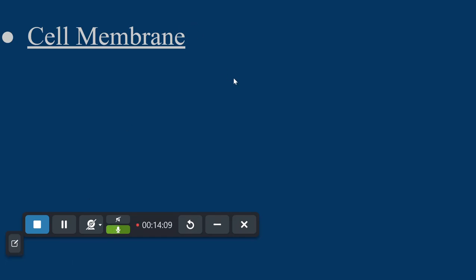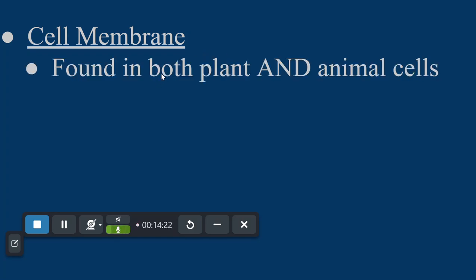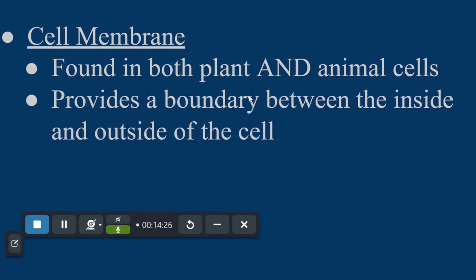All right, I need to tell you some of the information about some of these structures and organelles that I've been mentioning. And we'll get into this more because we actually have more organelles, but just since I'm making you label these things today, the cell membrane is found in both plant and animal cells, and it provides a boundary between the inside and the outside of the cell. It actually does allow some things to pass through it.